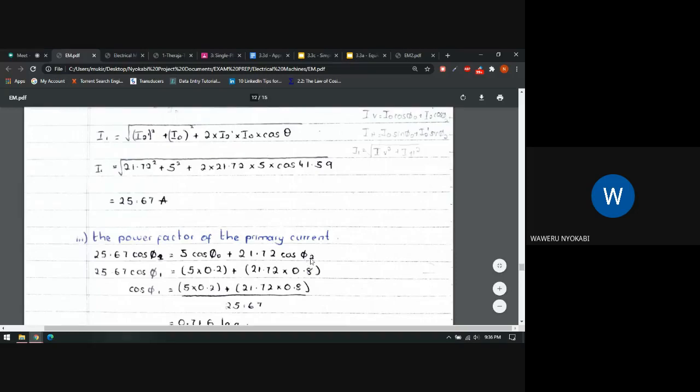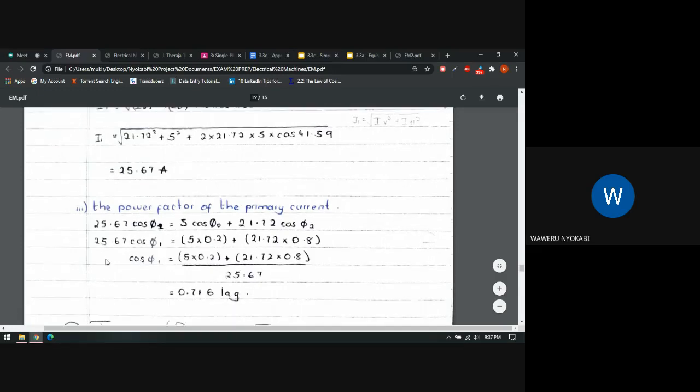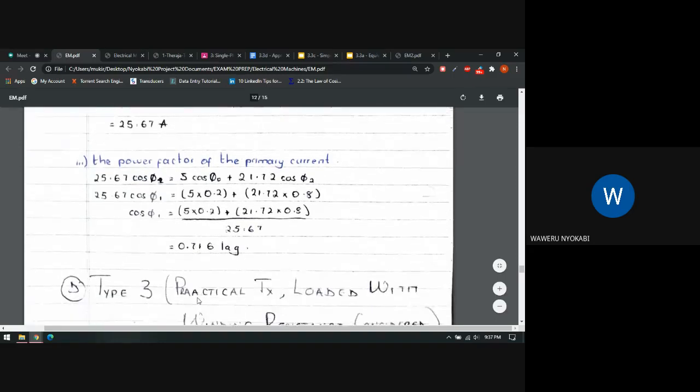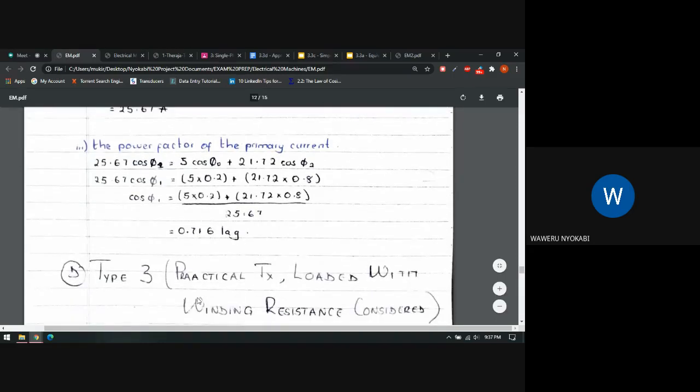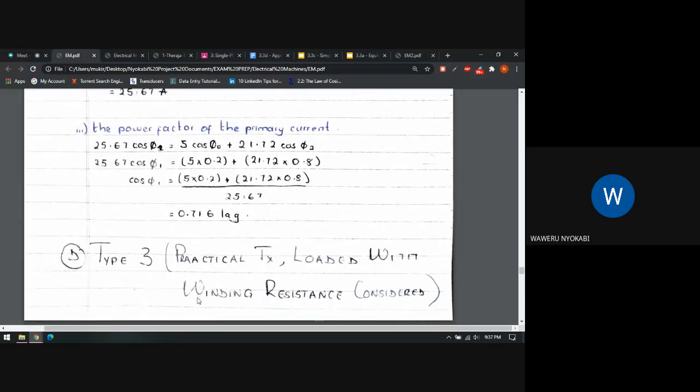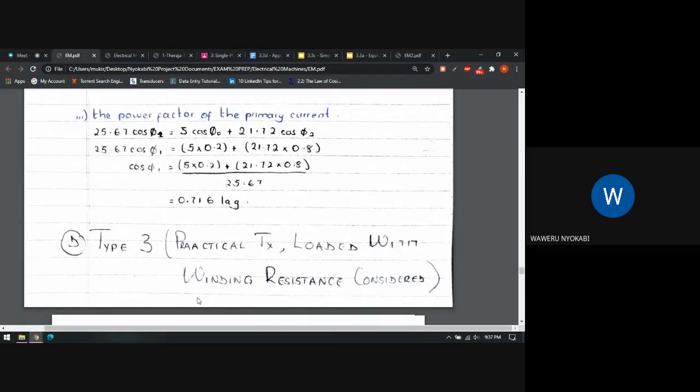Remember, these are the angles at which they are lagging the voltages. So you now make this the subject of the formula, and you get the power factor. Okay, I'll quickly go through type 3.